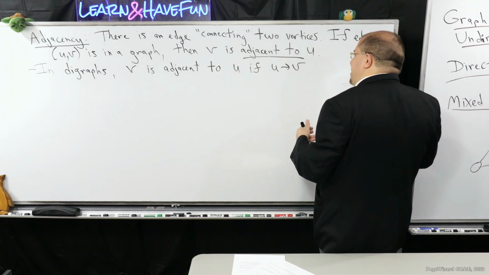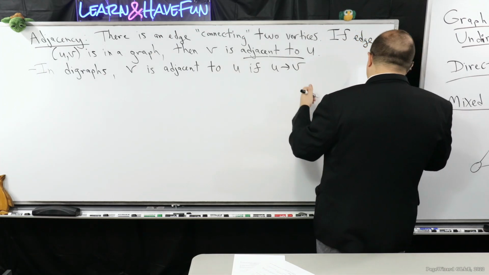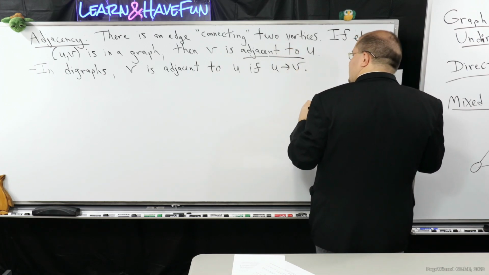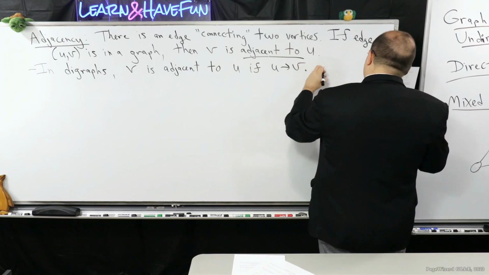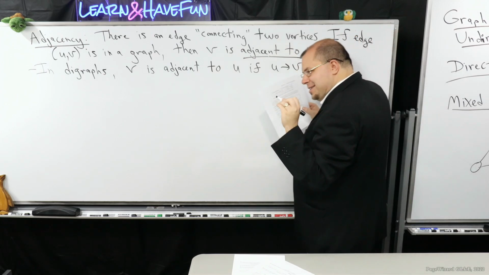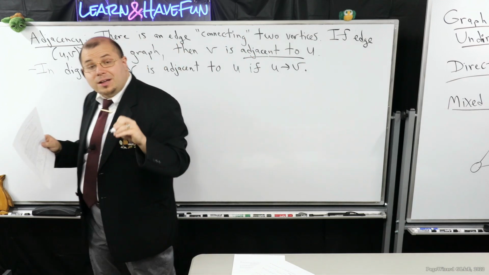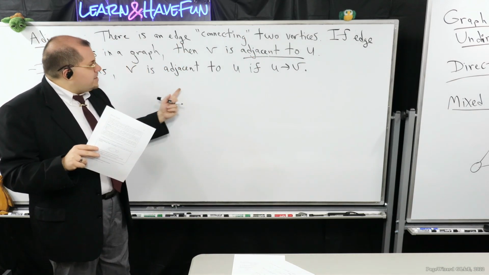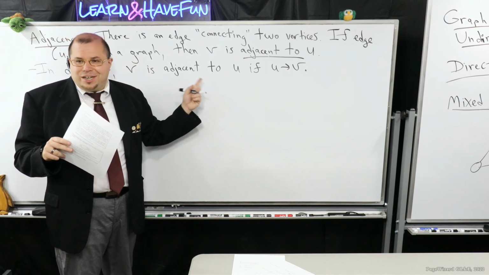That's what I'm saying. I must stress that adjacency in this relationship with directed graphs is not what we call symmetric. Just saying that v is adjacent to u doesn't mean that u is adjacent to v.